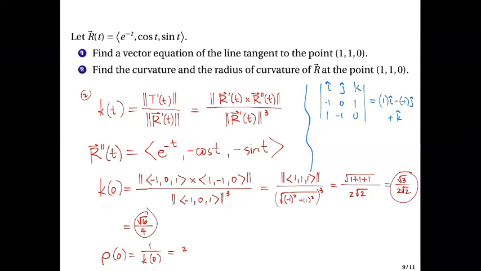You have 2 square root of 2 over square root of 3. If you rationalize this, you get 2 square root of 6 over 3. So this is the radius of curvature.